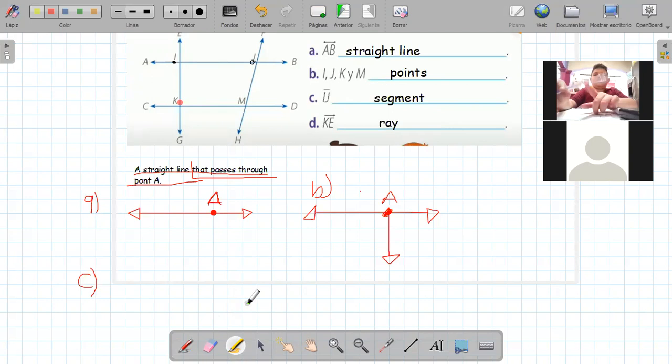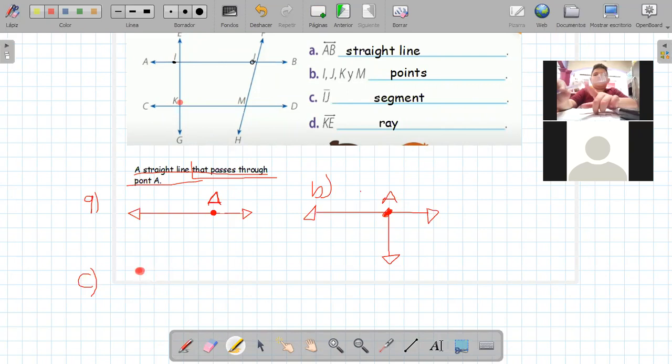And then, what do you think is the first thing that we have to do? First of all, I have to make my initial point. Exactly, with the point.